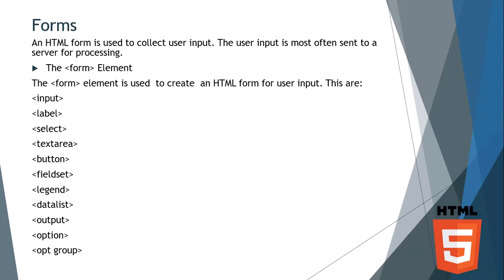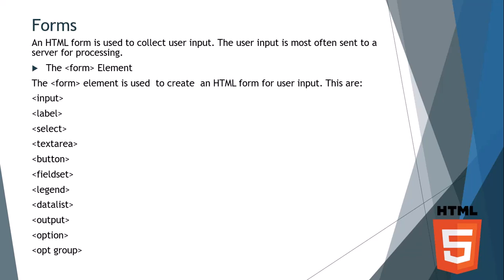We have the input element, the label, the select, the text area, the button, the field set, the legend, data list, output, option, and opt group. These are all the HTML form elements that we have.